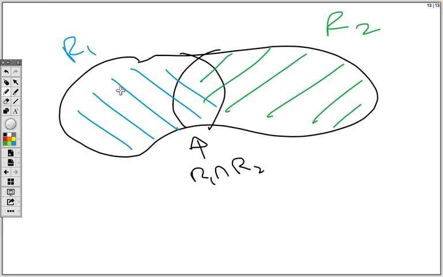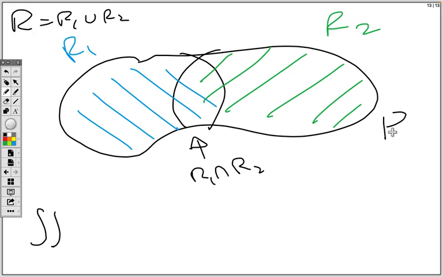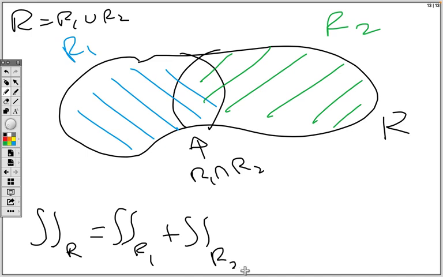And we'll see this kind of stuff when we get into the vector calc here in chapter 17. But the integral over R, let's say R is R1 union R2, so R is the whole thing, that'd be the integral over R1 plus the integral over R2. But if you did that, this would get counted twice. So we'd have to take off one of those integrals. Yeah, very good.